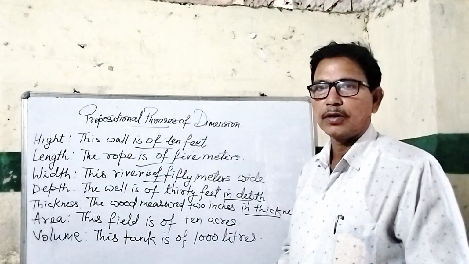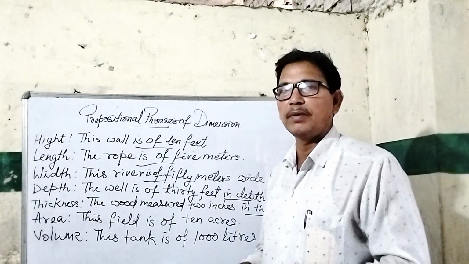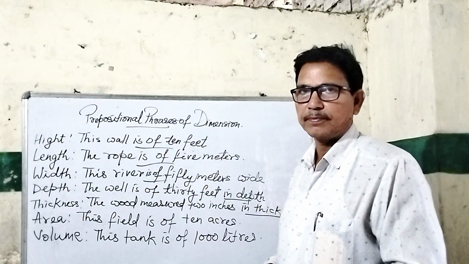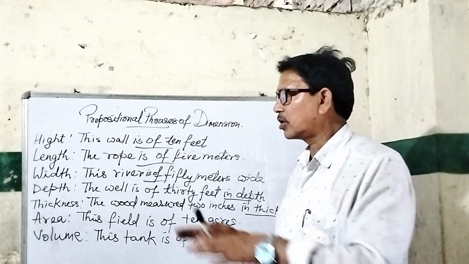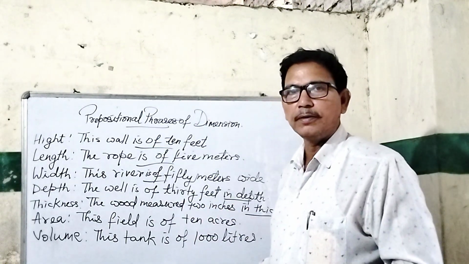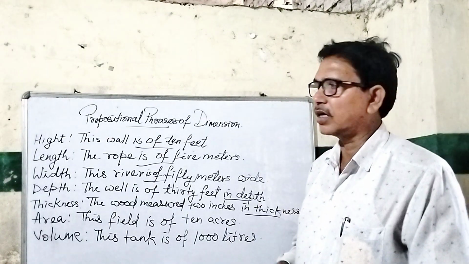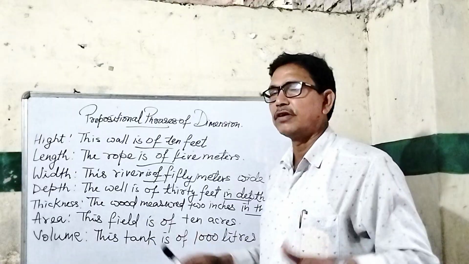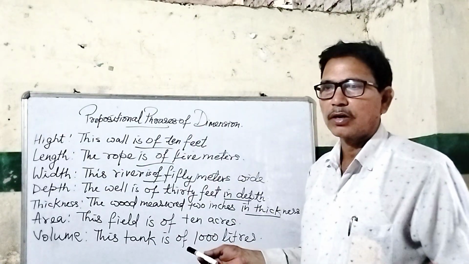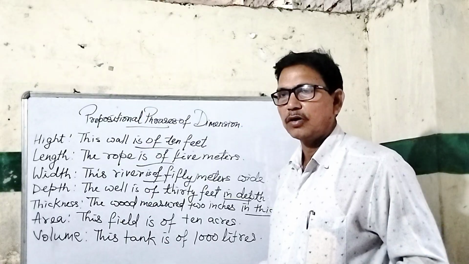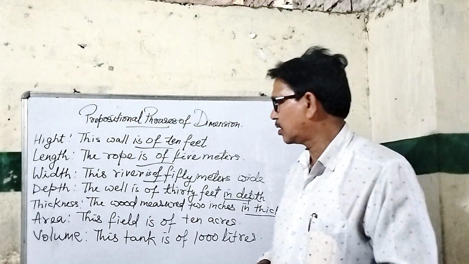The area of this building is about 5 kathas, or somewhere the area, if I am talking of a football ground, so we can say that the area of the football ground is of 1.2 hectares or something like this.